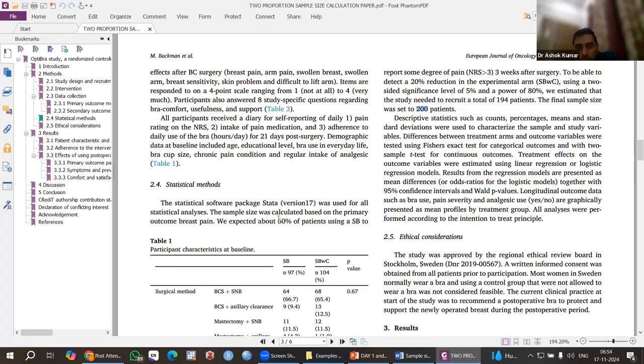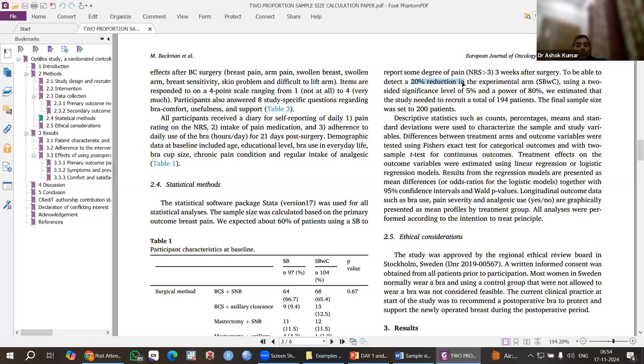SB is the control group and the experiment group is, you can see here, SBWC. So 60% of patients have pain at 3 weeks after surgery in the control group. SB is the control group. Because pain is a negative thing, we want reduction, and in this study they want a 20% reduction.